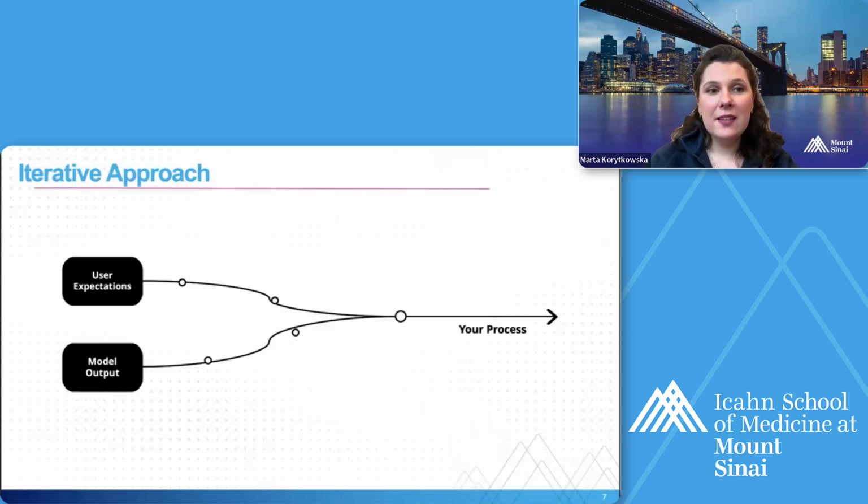We have to understand that prompt engineering is not a one and done like you might have seen in the previous slide, but rather it's an iterative approach. In this approach, you, the user, have expectations of what you would like ChatGPT or generative AI to do for you. And you ask the model to do that. That model produces an output. And they might be rather far apart.